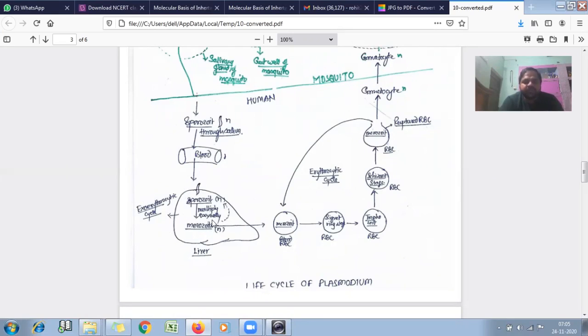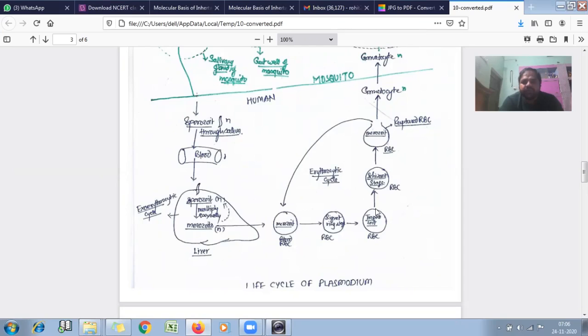Now some of the parasites will enter into the RBC in the merozoite form. In the RBC it will change into the signet ring stage.